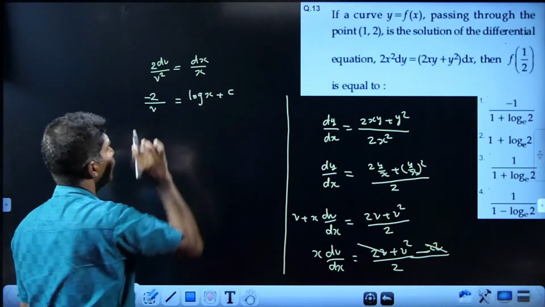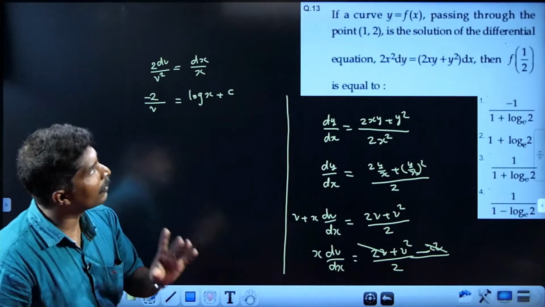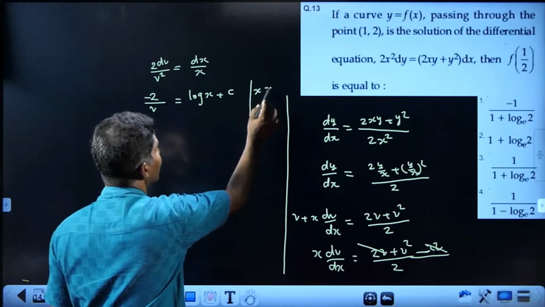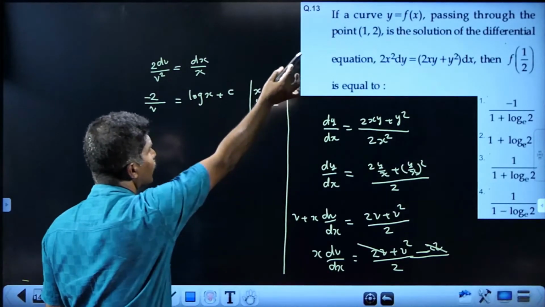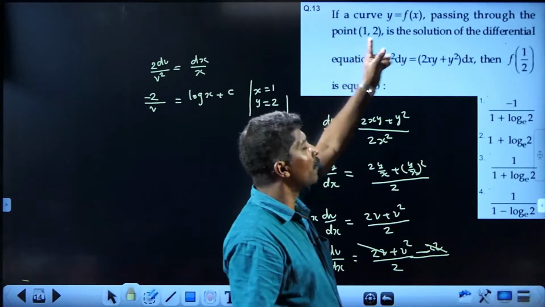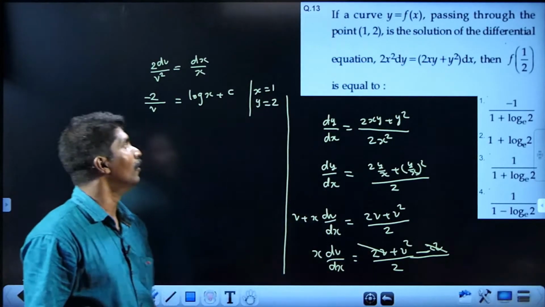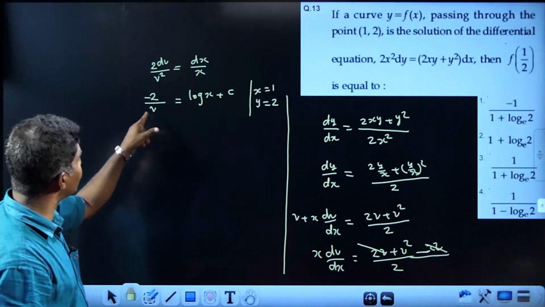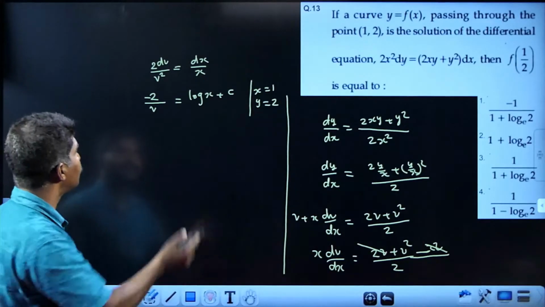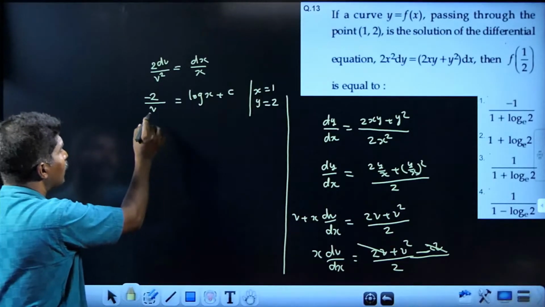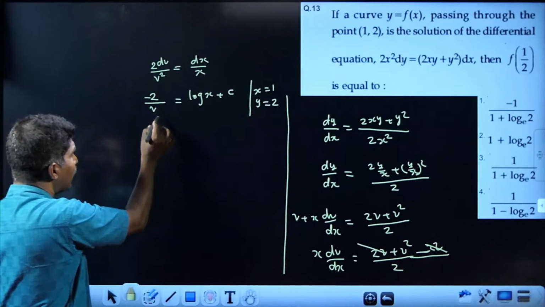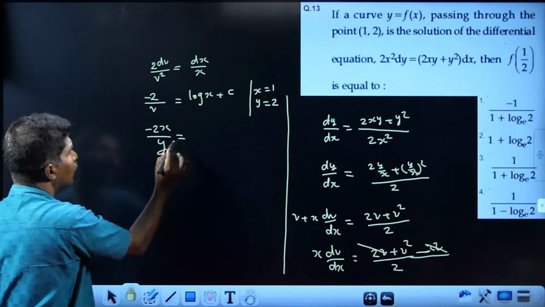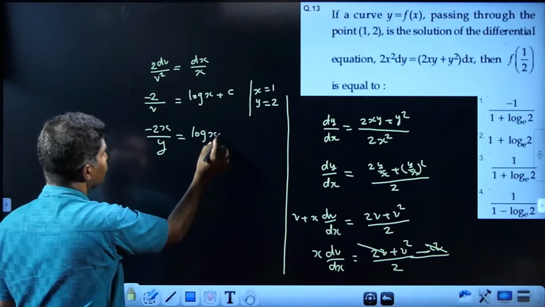plus c, and one condition is given, it passes through (1, 2), so we will substitute x is equal to 1 and y is equal to 2. Okay, so before putting x equal to 1 and y equal to 2, we have to rearrange this one. Instead of v we will write y by x, so reciprocal, it is negative 2x divided by y is equal to log x plus c.